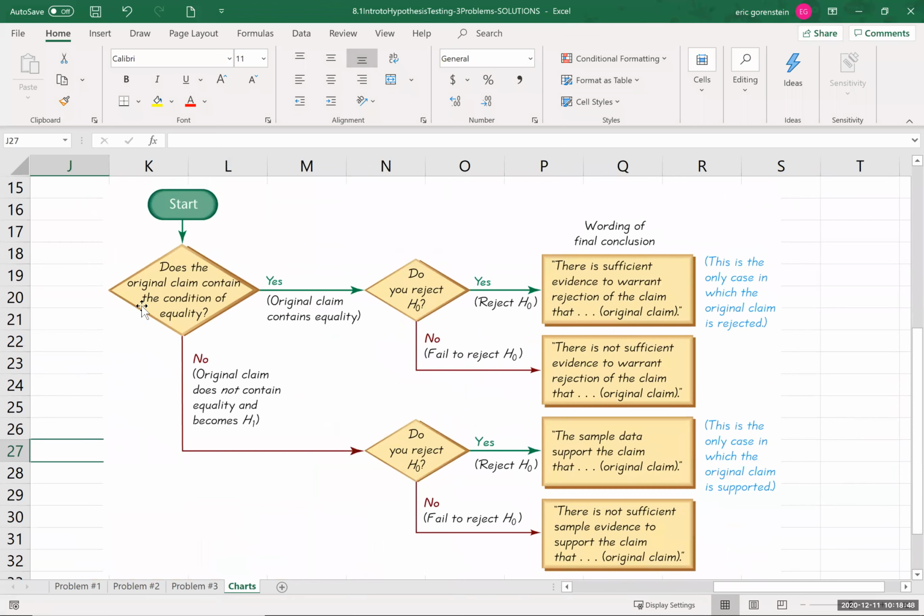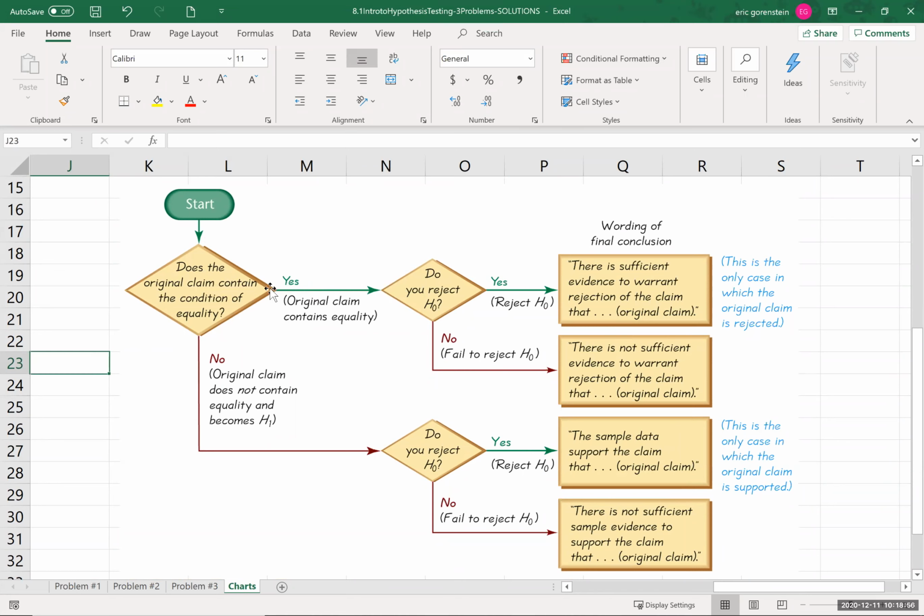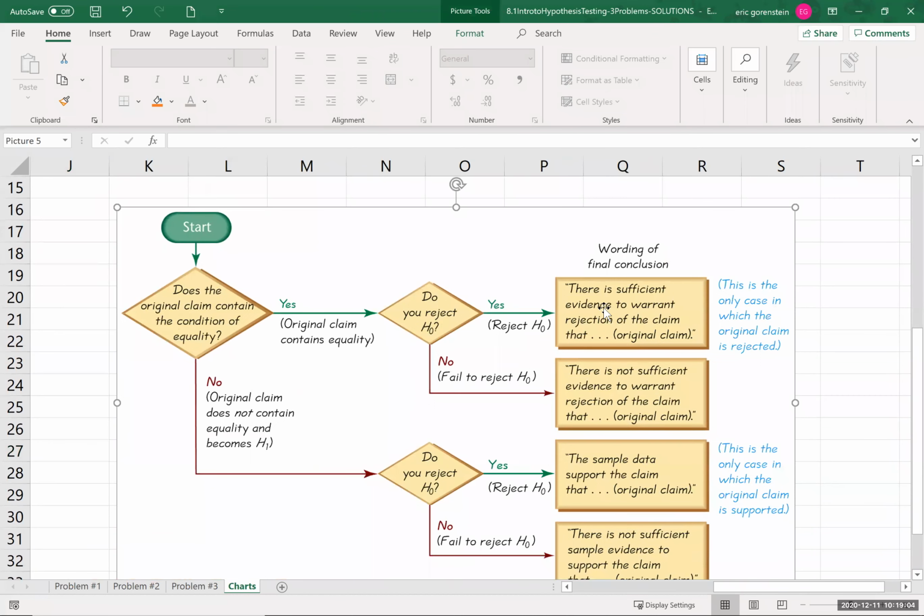So for the last problem we just did, does the original claim contain the condition of equality? Yes, it was given. The original claim was p equals 3/5. So the original claim contains an equal sign. Do we reject the null hypothesis? Yes. So that puts us in this first box. So this is always your final answer to a hypothesis test.